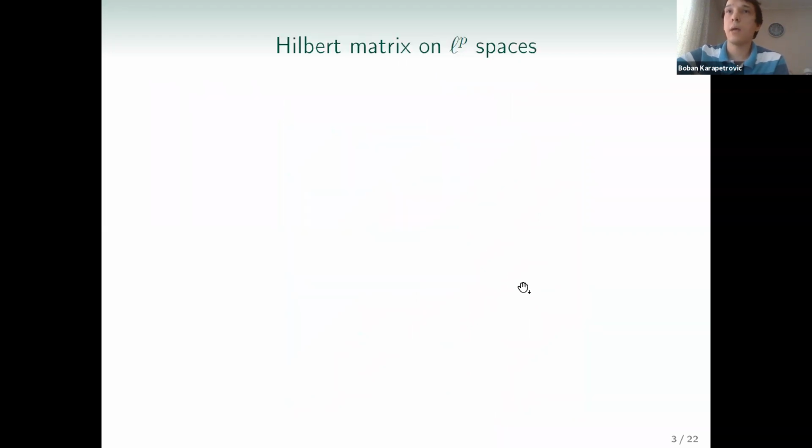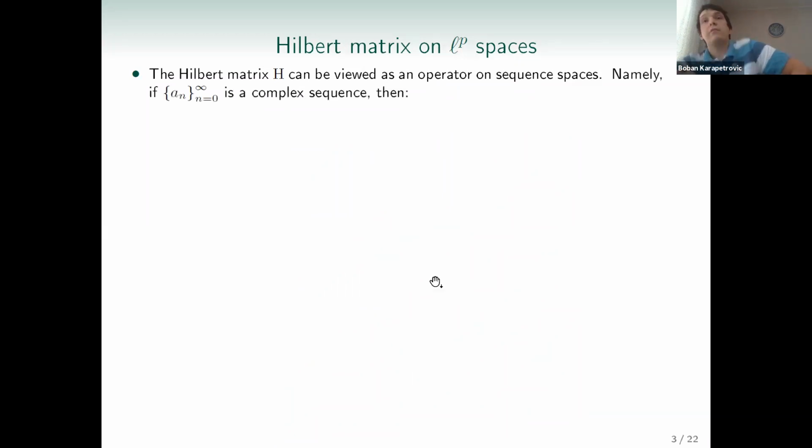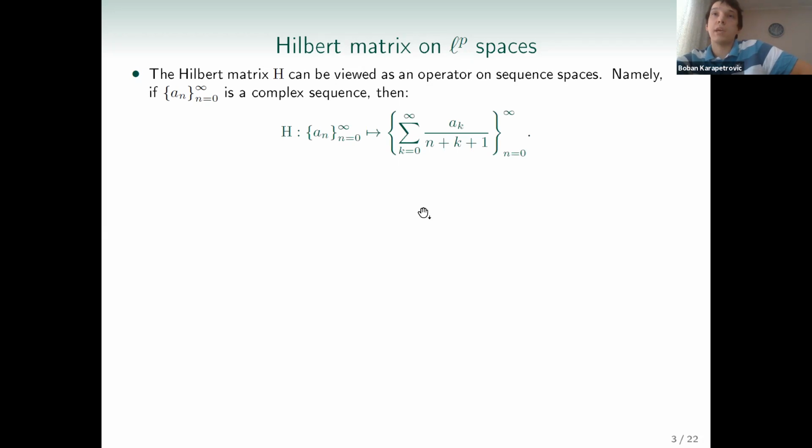And next, something related to the Hilbert matrix on some classical sequence spaces, the l^p spaces. Of course, the Hilbert matrix H can be viewed as an operator on sequence spaces. If we have a complex sequence a_n, then the Hilbert matrix sends that sequence to the sequence given by this summation, k goes from 0 to infinity, a_k over n plus k plus 1.